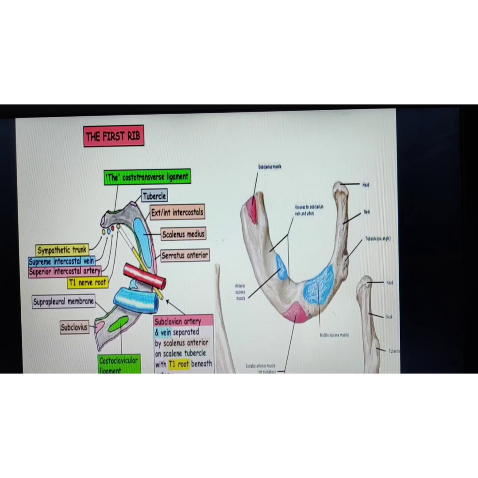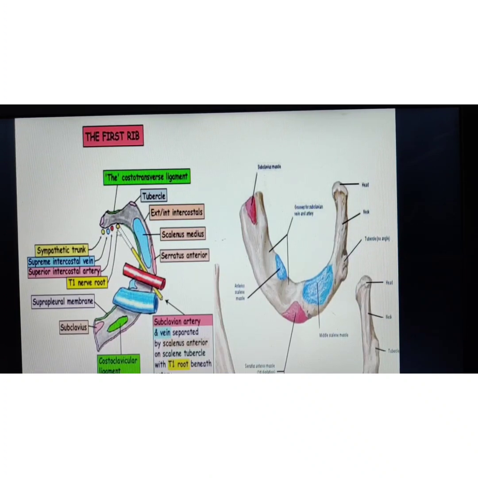From medial to lateral side, we have the sympathetic trunk, then the superior intercostal artery, which is accompanied by the intercostal vein. Then we have the ventral ramus of the first thoracic nerve, which joins with the brachial plexus. So these are the three important structures at the anterior aspect of the first rib.